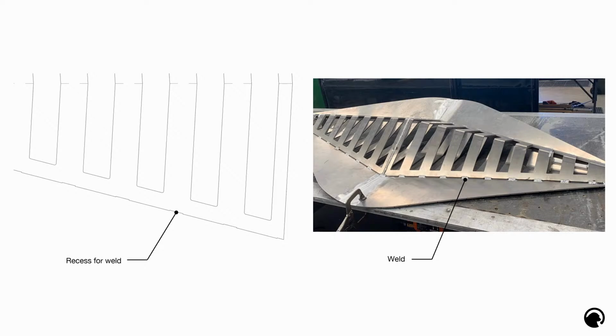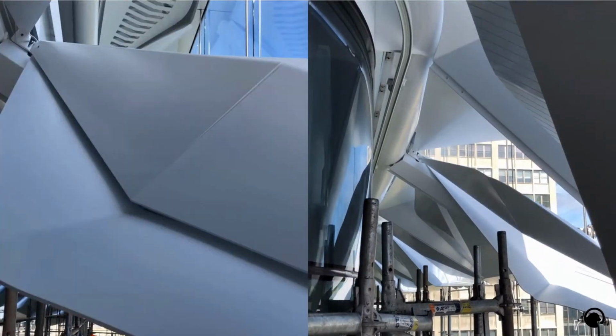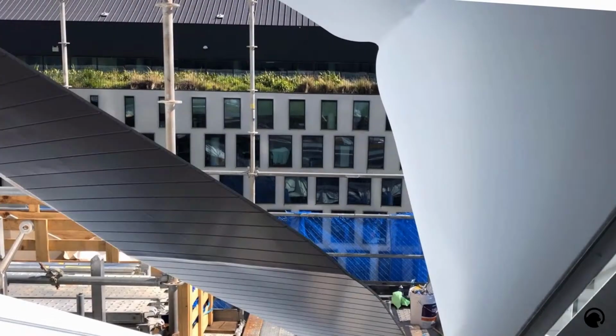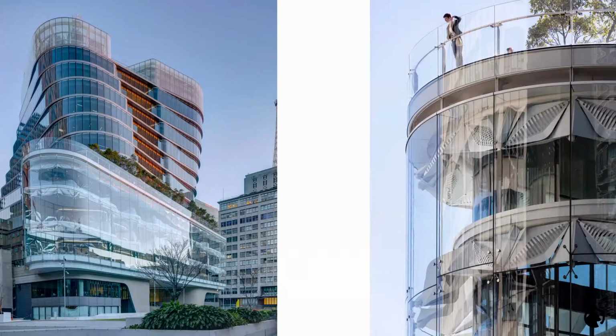So embedding all of that manufacturing logic into your design. So this was a really successful outcome. This was the commissioning of the louvers, the final building, and this is from the inside. So, really beautiful, architecturally designed space.